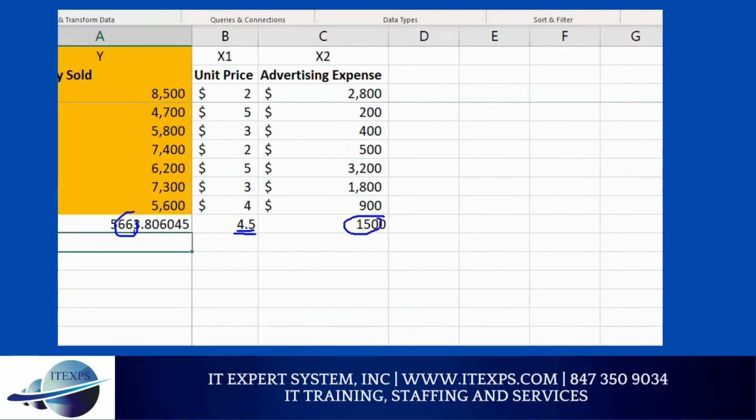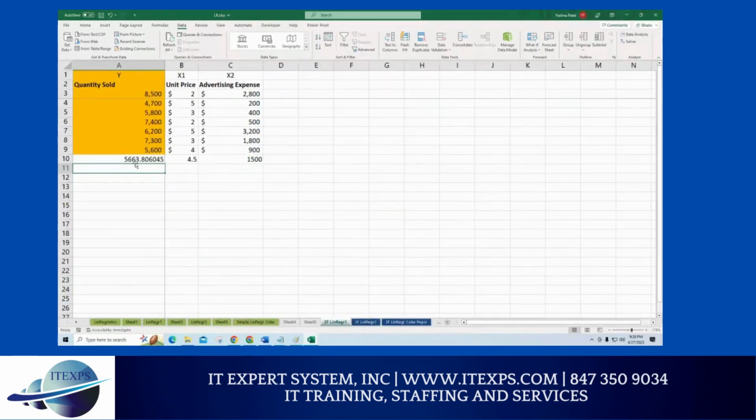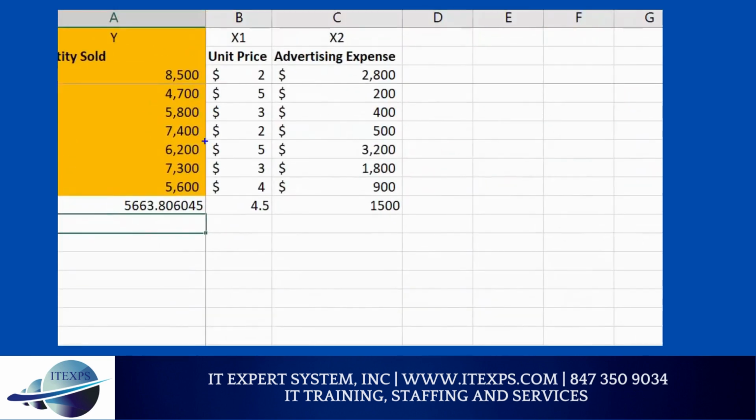So let's do a litmus check. If I say 4, you are selling this, but that time you do less advertising. If you advertise more compared to 4.5, you are selling more, which is good. What about 5? At 5, if you do less advertisement, you were able to sell this. But because the price is less and you are doing more advertising, you are selling more, which is good.